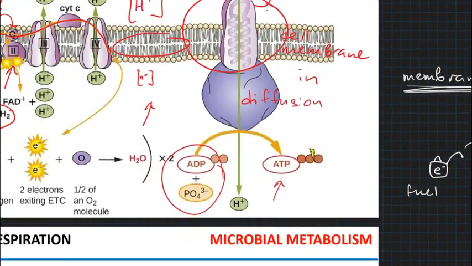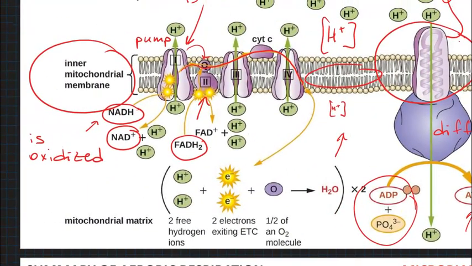Okay, so yes. And what do you think NAD plus does next? Yeah, it's a taxi. It goes back to pick up more electrons, just like a taxi goes back to pick up more passengers. Yes, and this is an often overlooked idea.